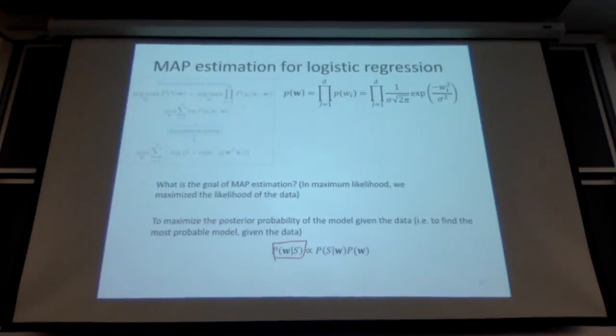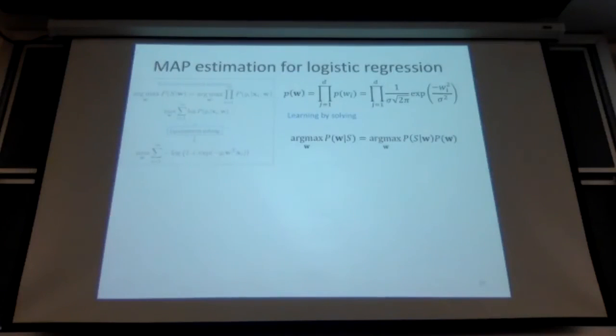This is the first instance of MAP estimation that we are seeing. The posterior probability is simply the likelihood times the prior. The likelihood is what we saw before. The prior is what we have here. We're just going to copy everything down and put it in one place. So we want to maximize W given S, which is the same as maximizing the product of the likelihood and the prior.